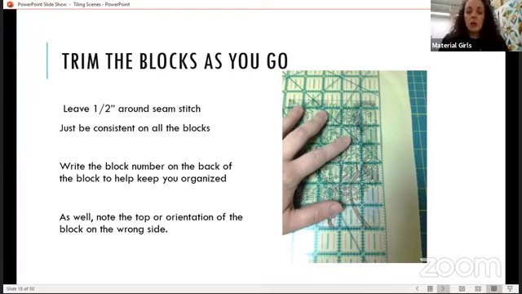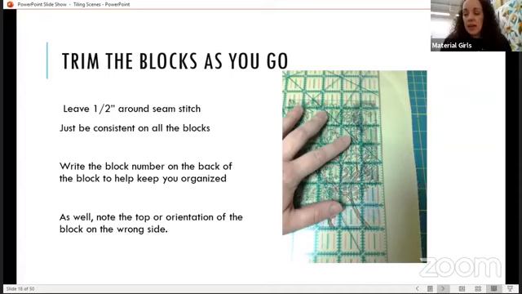You're going to leave 1/2 inch out from that line and trim the excess fabric off the edge of your block. This way you have a little more fabric to hold on to when you're trying to match and seam. I think it also helps to press open. It's easier to press open a 1/2 inch seam than a 1/4 inch seam, of which about 1/8 inch has stitching in it.